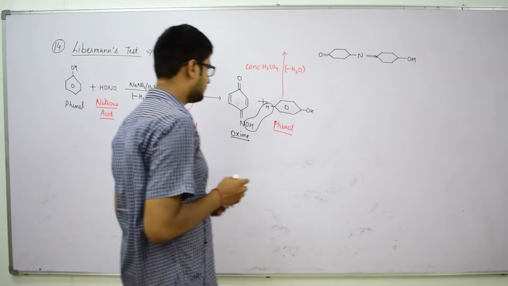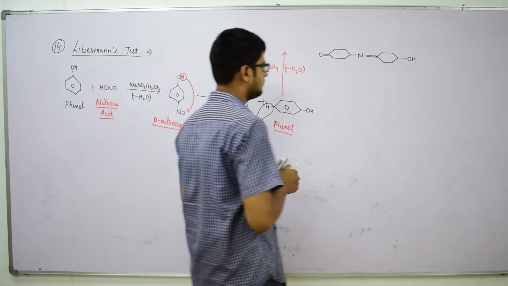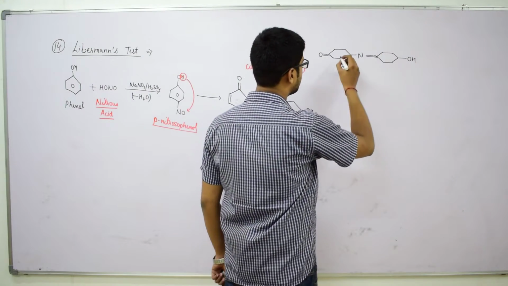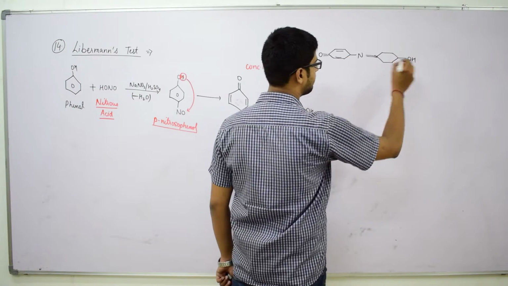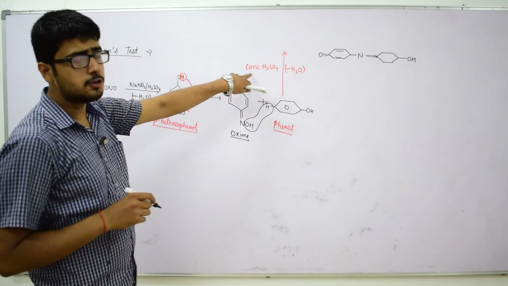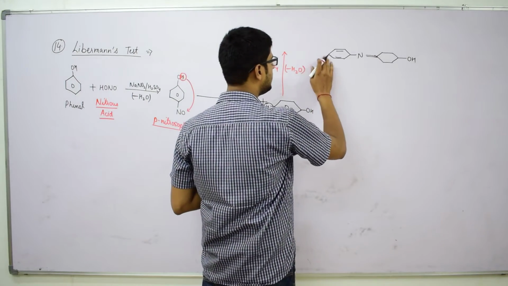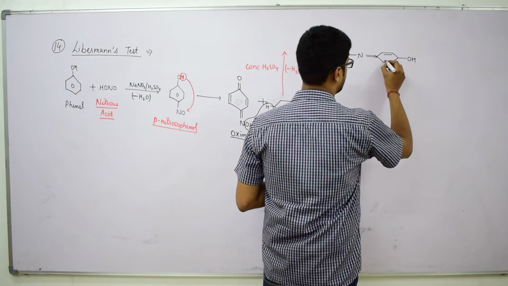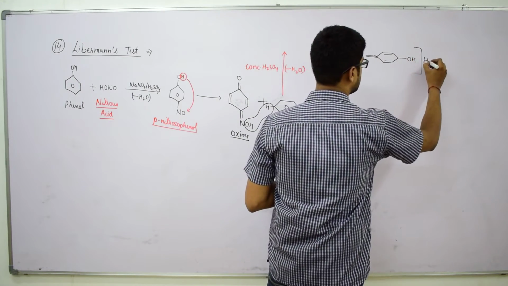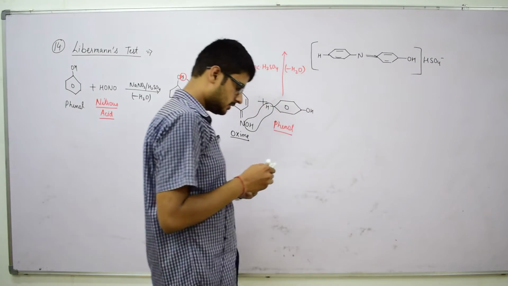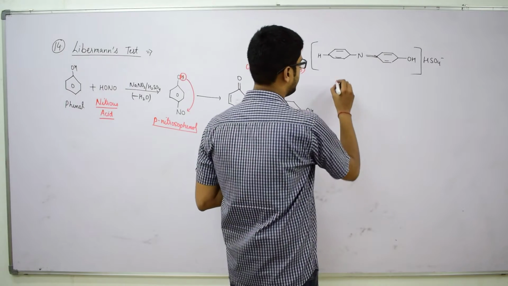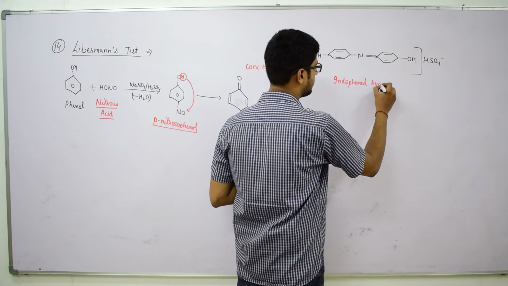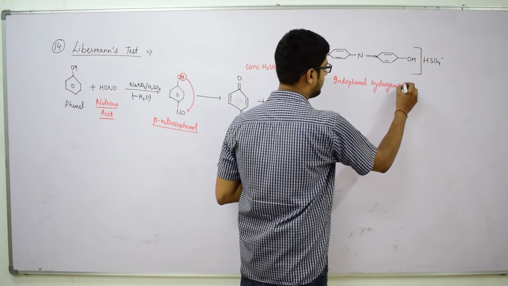Here it is OH, and this OH which is found, here it is a double bond, and H2SO4 will be added. So, this will be single bonded, and arrangement of bisulfate ion over here. So, this compound is called indophenol hydrogen sulfate.